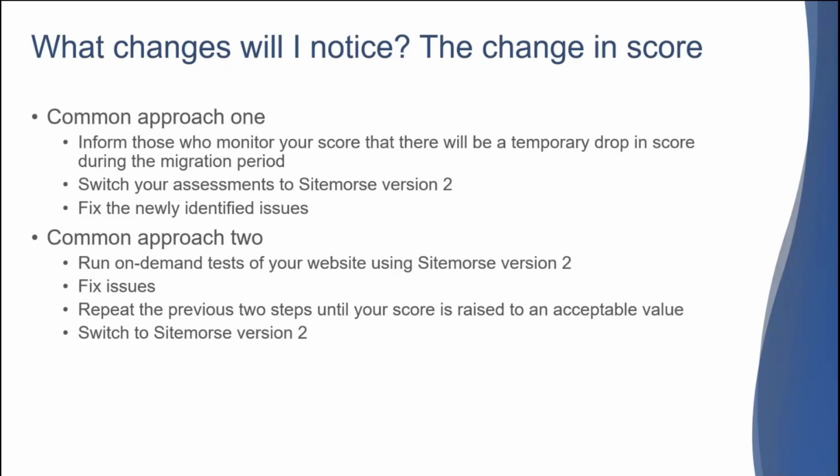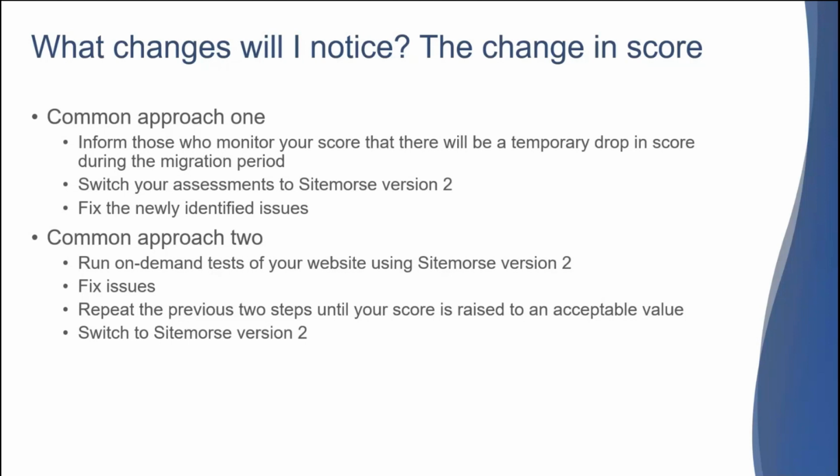Then you get us to switch you over to Sitemorse 2, and then you fix all the issues until your score goes back up again. In fact, if you have an approach of fixing a whole load of issues, you might even end up with a better score because you're specifically going out to fix a load of issues.